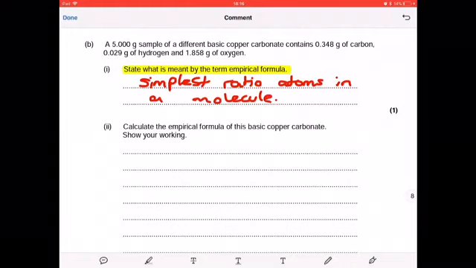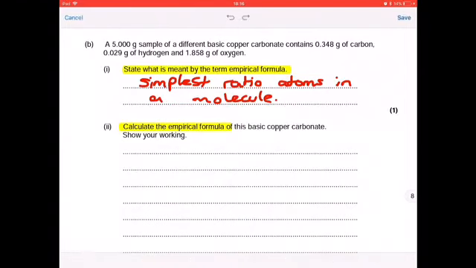The second bit asks you to calculate the empirical formula, and the big thing a lot of people missed is that the copper carbonate has copper atoms in it. So to start off with, you're given values for the mass of carbon, the mass of hydrogen, and also the mass of oxygen, but you're not given the information for the mass of copper. So in order to do that, the maths you have to do is you're told that it's got 5 grams of the sample.